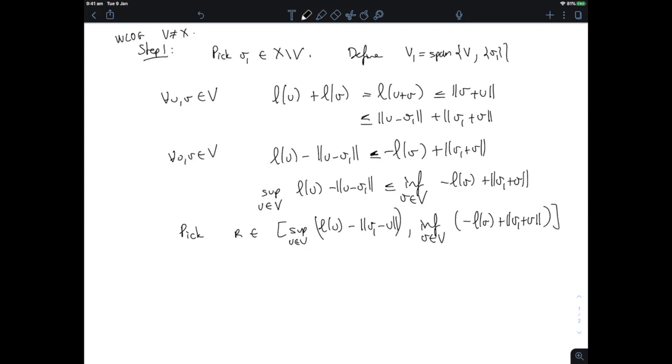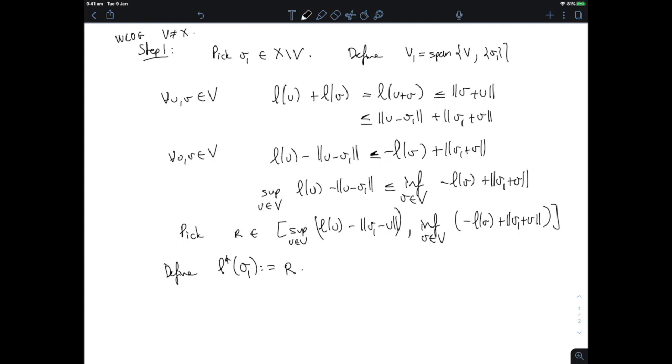Right, so I pick an r like this, and then I'm going to define L star of v1 to be this value of r. So potentially there are many possible values for L star of v1, and therefore L star is going to be very much non-unique. But that's not the problem. I didn't say anything about uniqueness. I just say there is an extension.